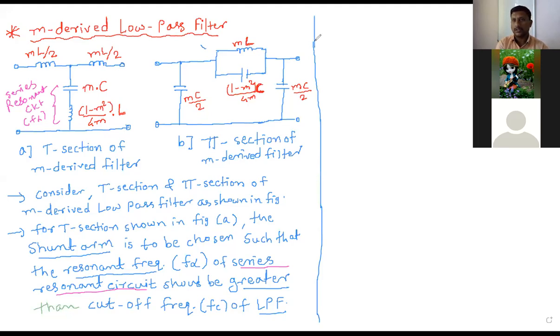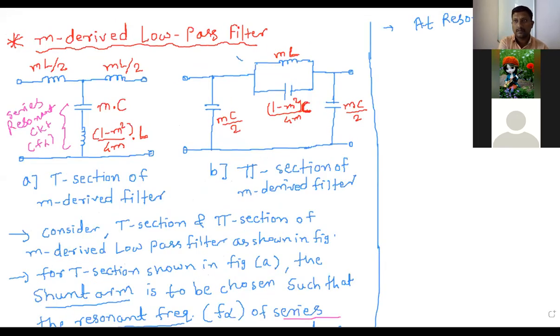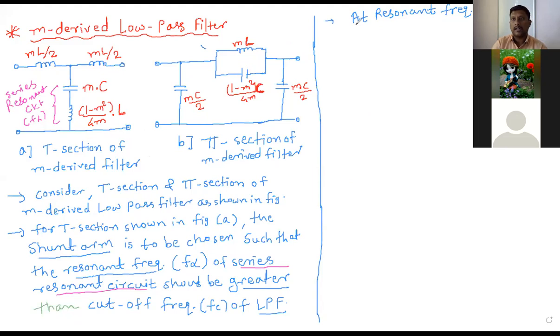Okay, so we can start now. At resonant frequency f alpha, what is the condition?